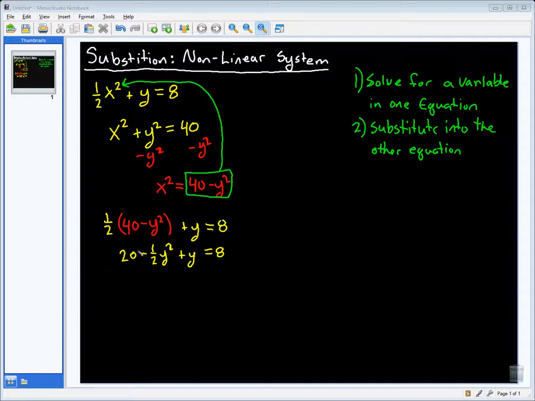Now we get everything on the same side and combine like terms. So I would want to subtract the 8. And I'm going to put it in order, so I have negative 1/2 y squared plus y plus 12 equals 0.